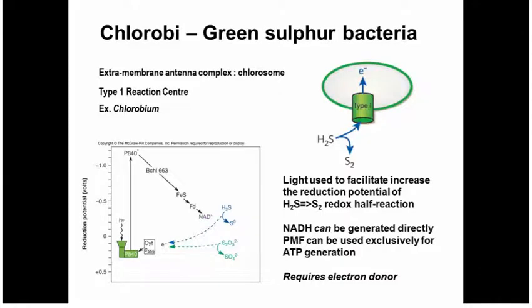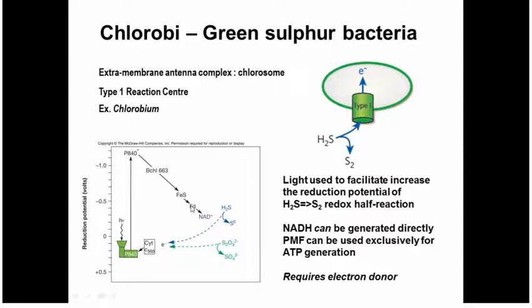So if you remember, for nitrogen oxidizing bacteria and sulfur oxidizing bacteria, the redox potential of hydrogen sulfide is not a good enough electron donor to reduce NAD directly. Whereas in these bacteria, it can work because the redox potential of the electrons that come from the reduced sulfur compounds is boosted by the reaction center of the photosynthetic material here.